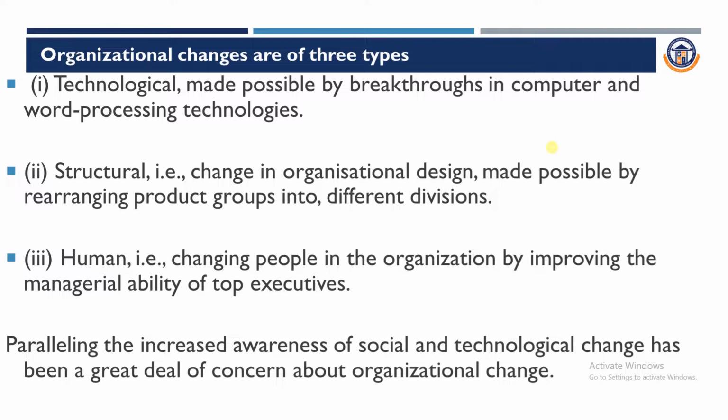To make a change in the design or the development process of the organization, in the hierarchy or in a division, is called structural change. And the next one is human change, which is a change in the top level cadres or the low level cadres also. So these are the three broad classifications of organizational change.